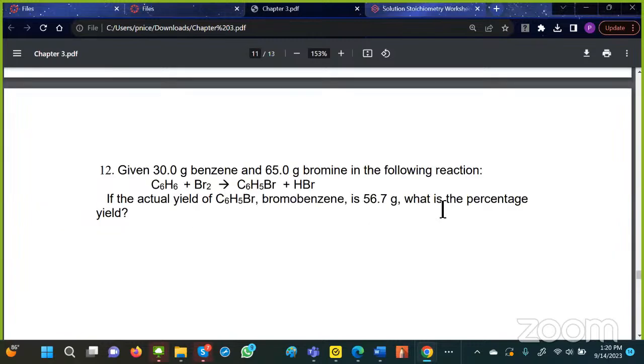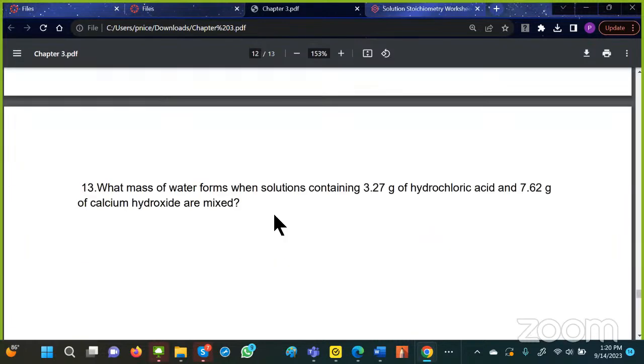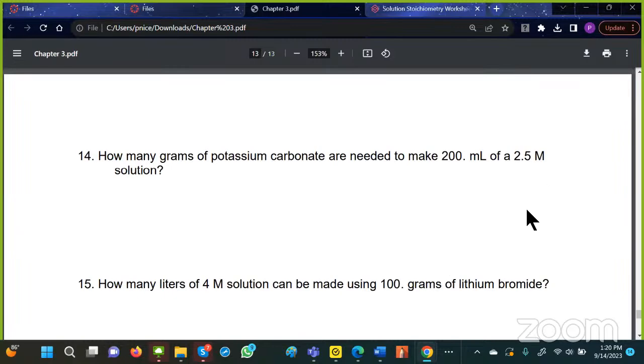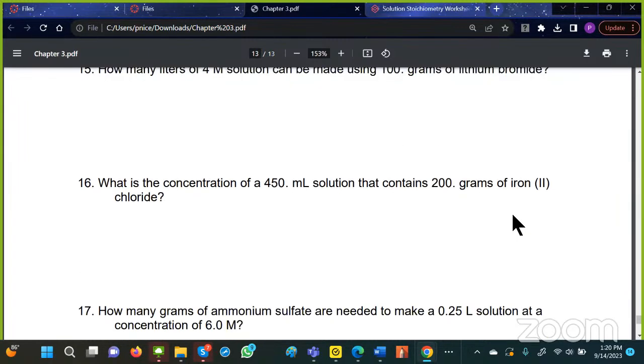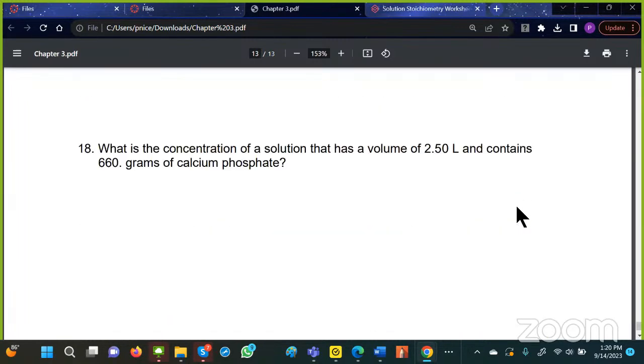I think we stopped here, or did we stop at 11? Oh, we did number 12. Okay. So now you should be able to do the other questions. Yeah, you should be able to do that. And these are basically solution problems. So I'll leave these for you guys to do.